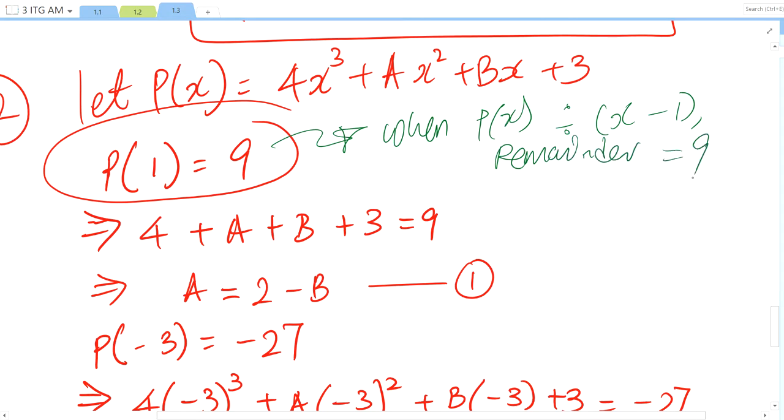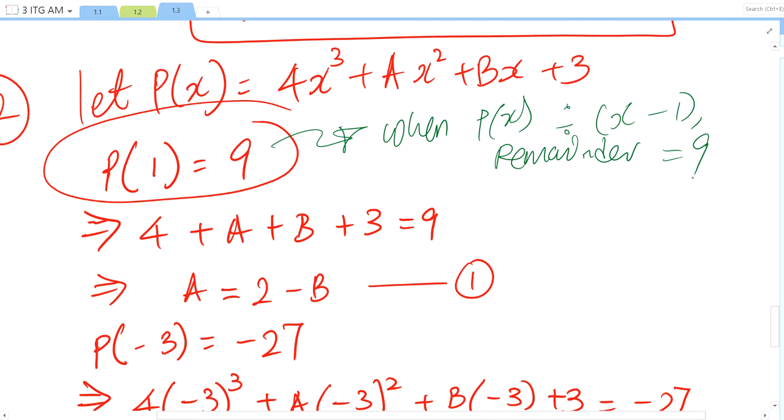This part tells the marker that you know this. So you substitute 1 inside, it is very straightforward. I don't even bother to write down 4 times 1 cubed plus a times 1 squared. Simply write down 4 + a + b + 3 = 9, forming an equation.